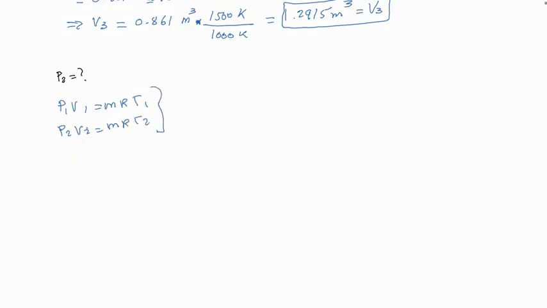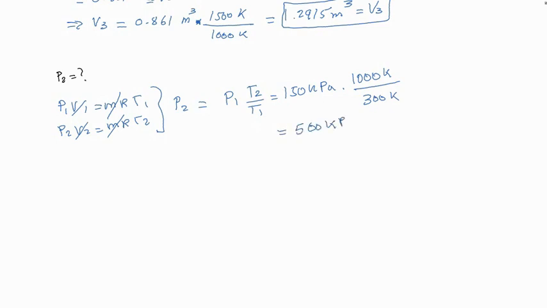Doing the ratio, we end up with P2 equals P1 times T2 over T1, which is 150 kilopascal times 1000 over 300. This is equal to 500 kilopascal.